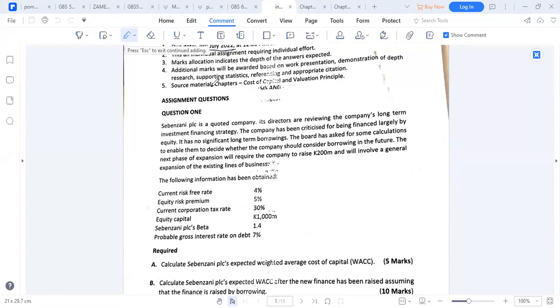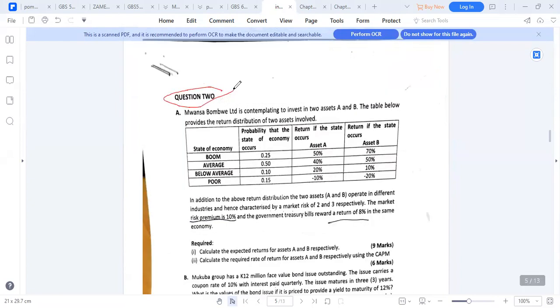Question 2: Mwansa Wombwe Limited is contemplating investing in two assets, A and B. The table provides the return distribution of the two assets. The probabilities given are 0.25, 0.50, 0.10, and 0.15, meaning the total probability should give us 1 when you add all those.